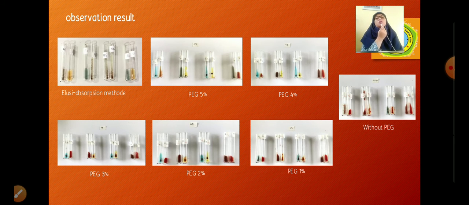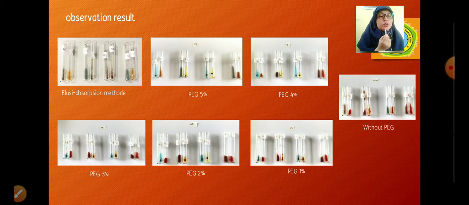This is the observation result in the tube. Macroscopically, we can see the result of the elution absorption method. Here the clumping is positive 2, and at 5% and 4% PEG concentration the clumping is positive 4.